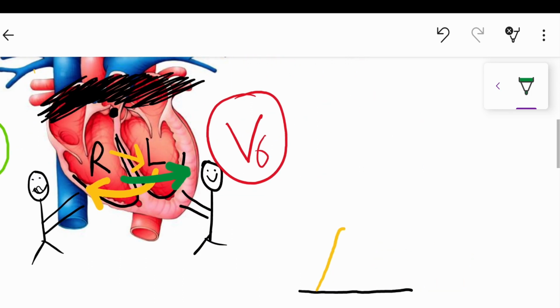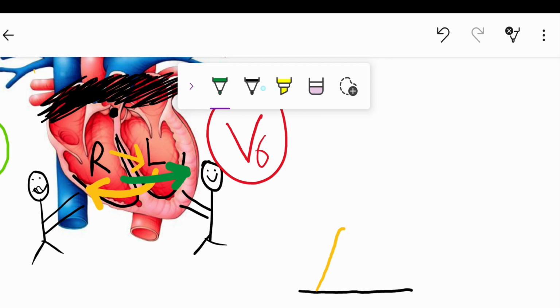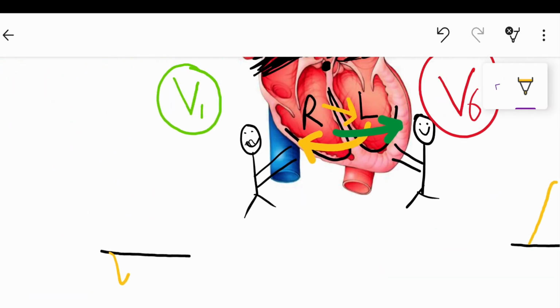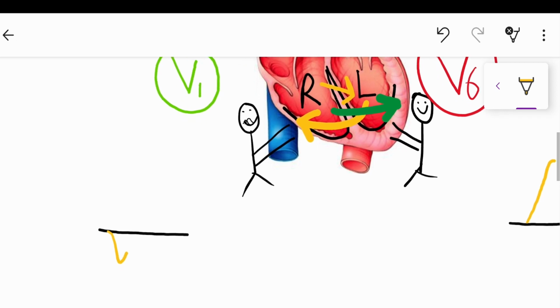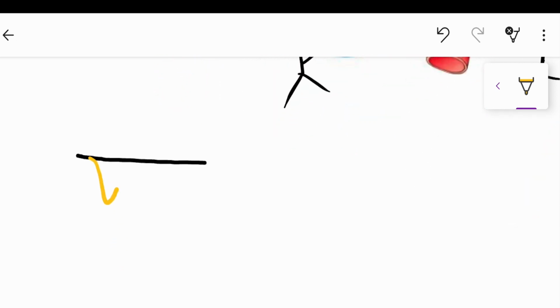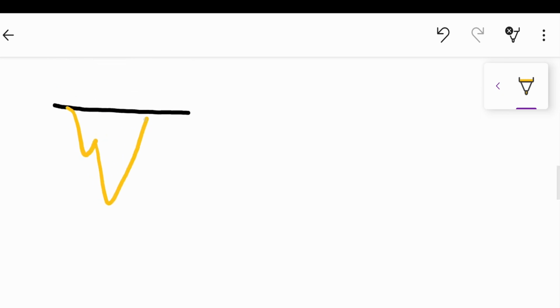In the perspective of V6, we're going to get a positive deflection. So how will it look on our graph here? If we focus on V1, we're going to get a negative deflection. This is what it will look like.